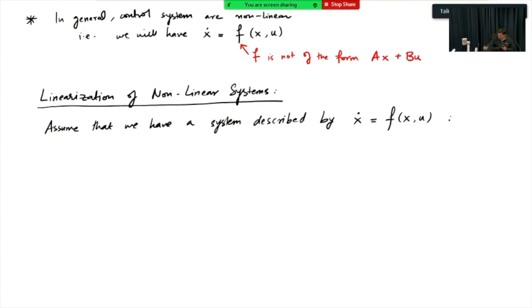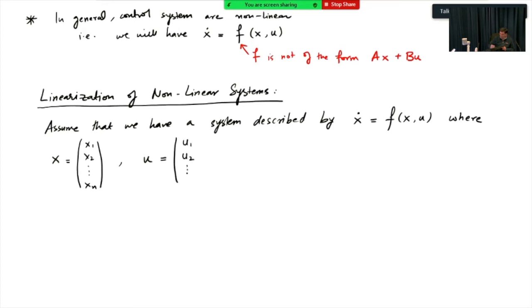where x is a vector of states, so you have x1, x2, all the way to xn, and we have the vector of inputs.